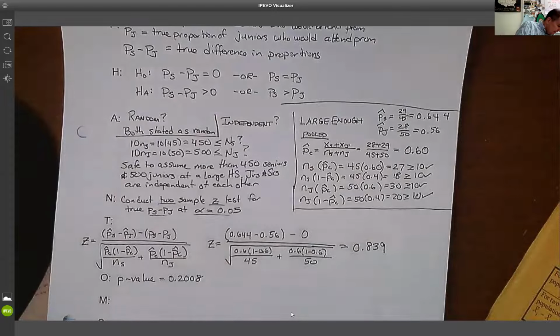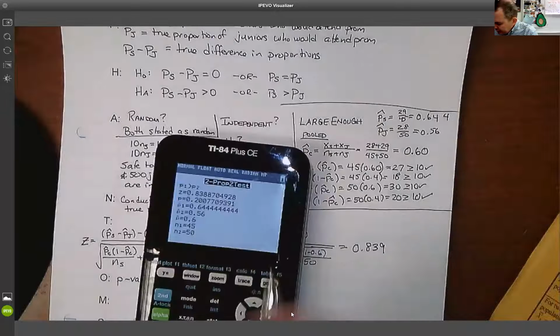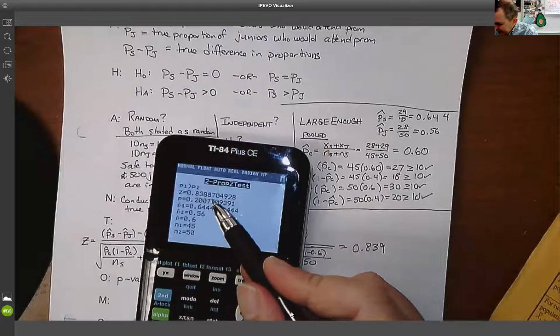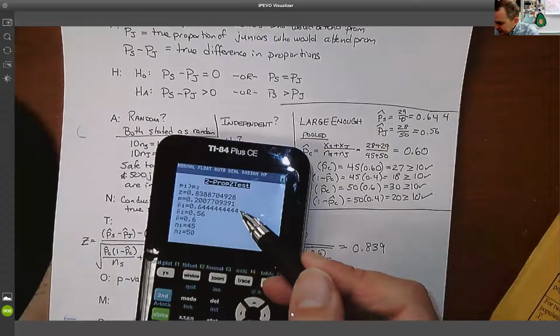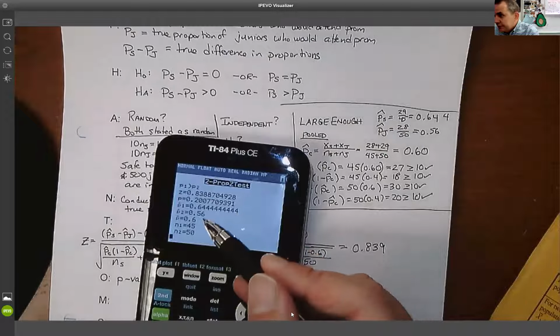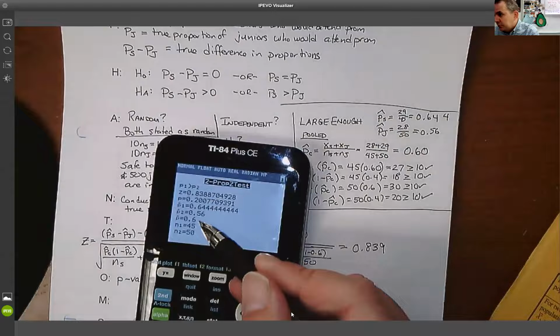So on this one, my p-value is going to be 0.2008. So again, I'm reading this right out here, 0.8388 or 0.8389 is my z-score. This is my p-value. This is the seniors proportion. This is the juniors proportion. This is the pooled proportion.